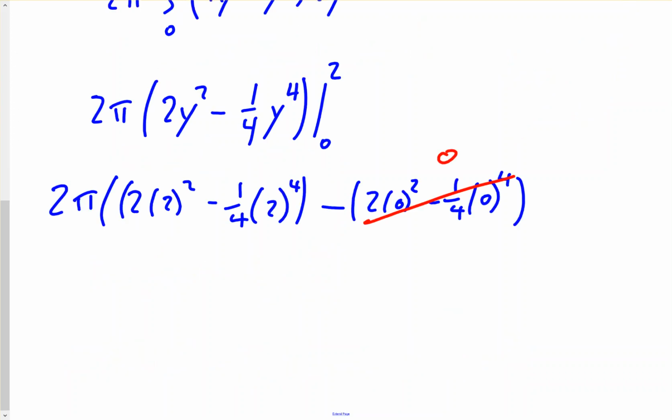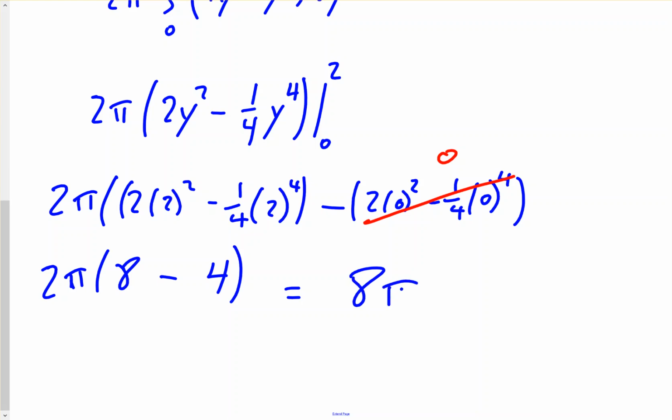So we only need to worry about the beginning part. So we have 2 pi. 2 squared is 4, times 2 is 8. 2 to the 4th is 16. 1/4 of 16 would be 4. 8 minus 4 is 4. 4 times 2 pi, that would be 8 pi. Okay, and that would be the final answer.